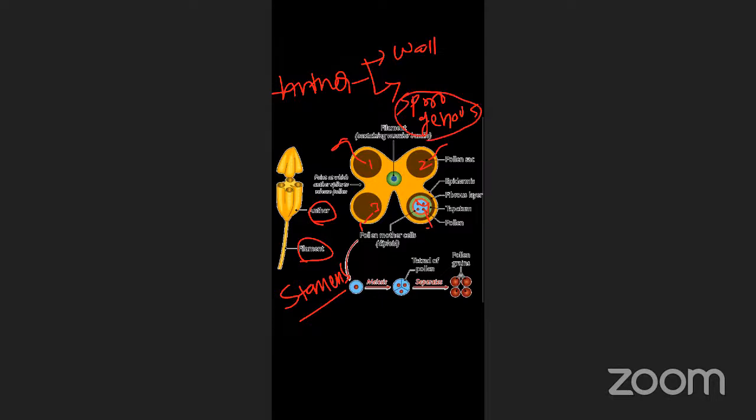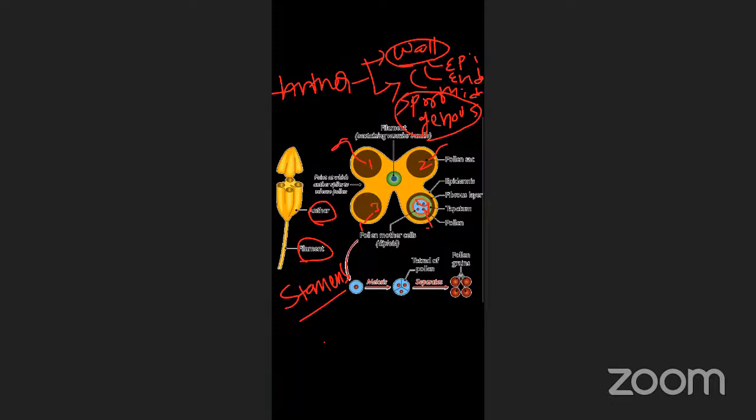And inside the wall, again 4 layers. The 4 layers are epidermis, endothecium, middle layer, and last one tapetum. This is all from wall layers.